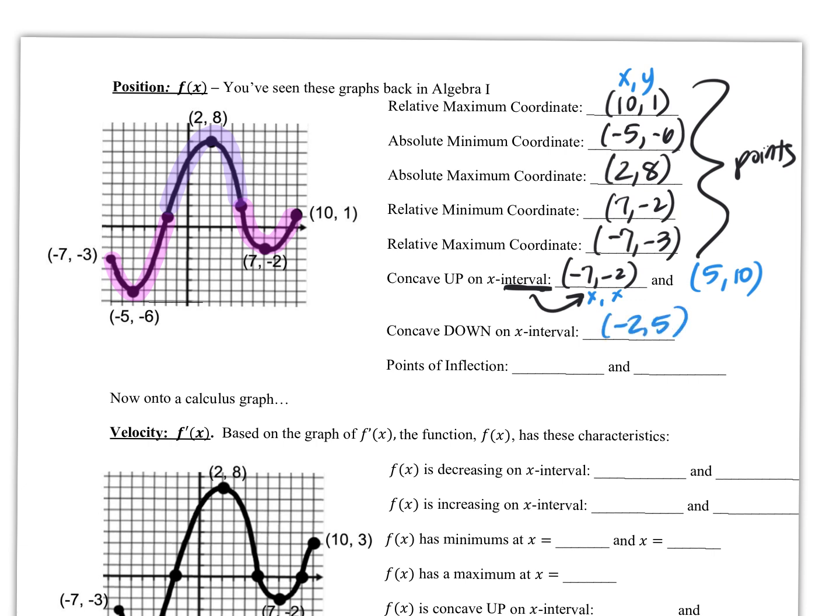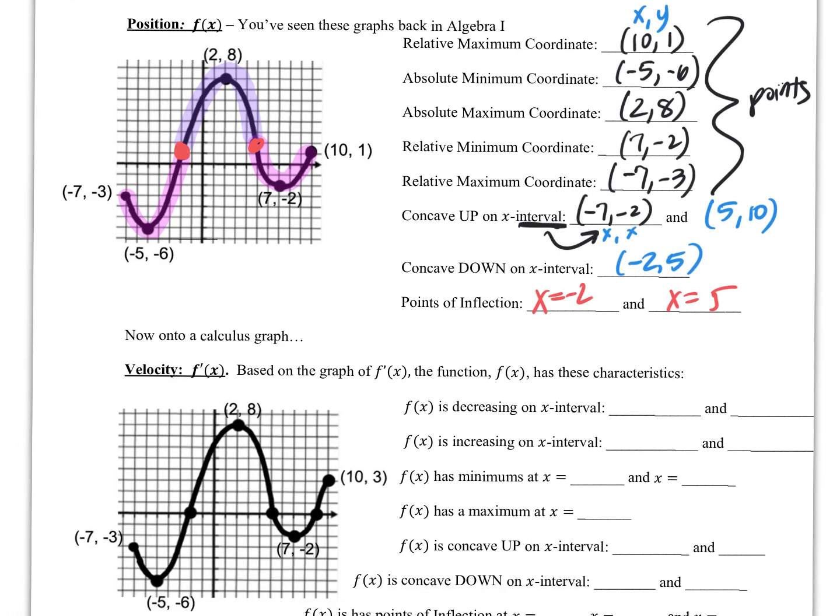And points of inflection. That's where we change concavity from concave up to concave down or vice versa. At x equals -2 and 5. So you guys, that goes back to Algebra 1. That right there is not calculus, right?